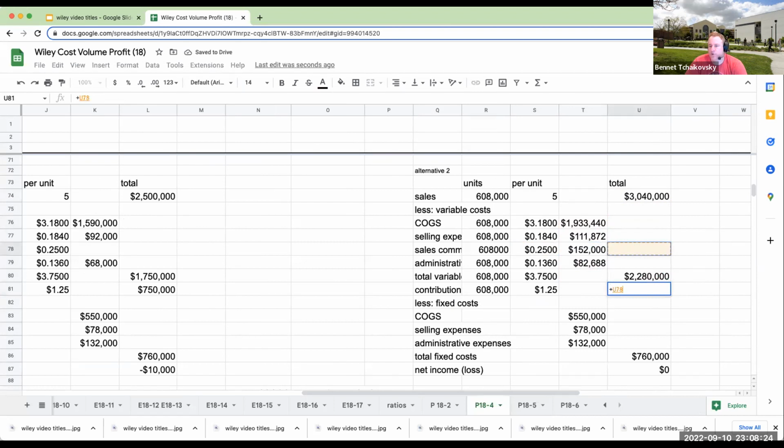My contribution margin is now going to be 760,000. When I add these up here, now I'm going to be at 0.